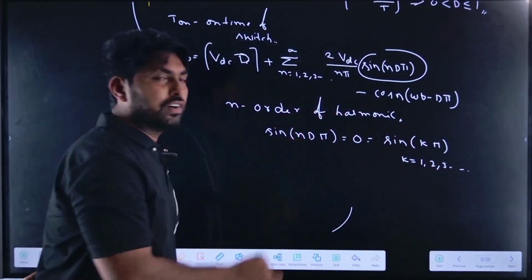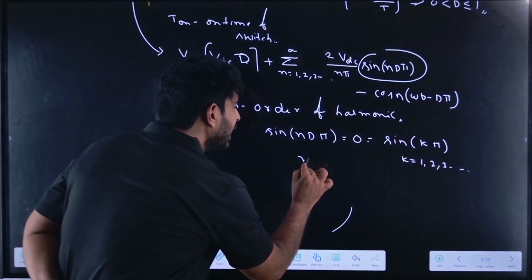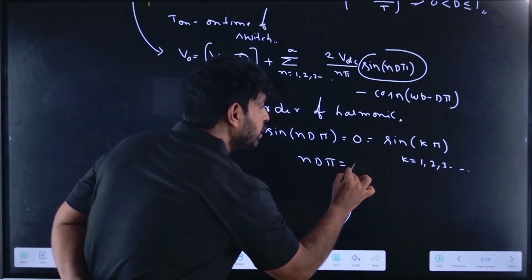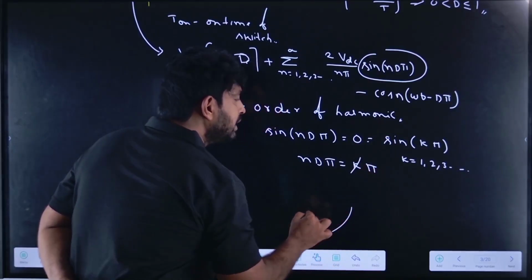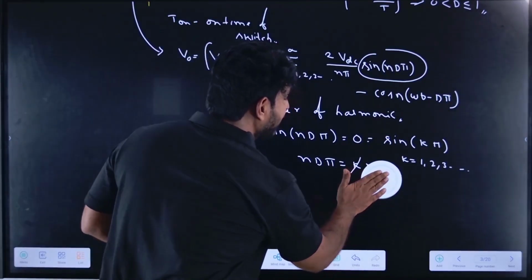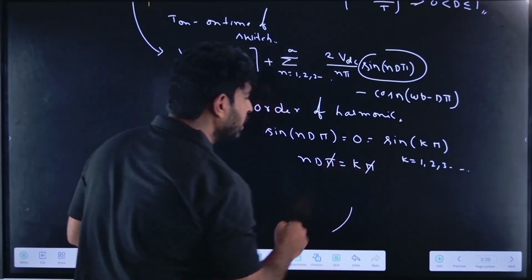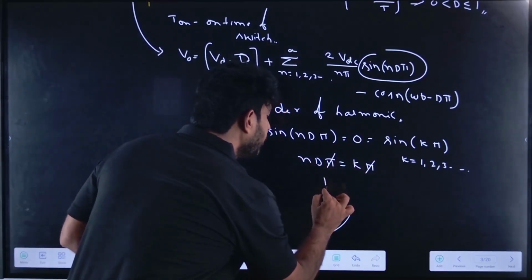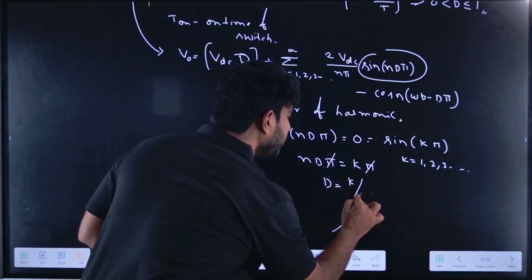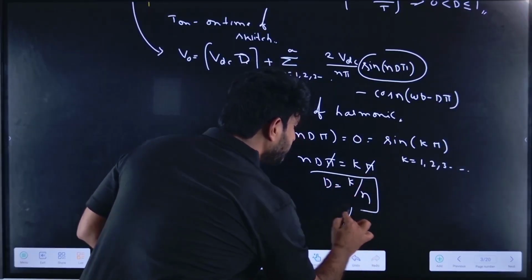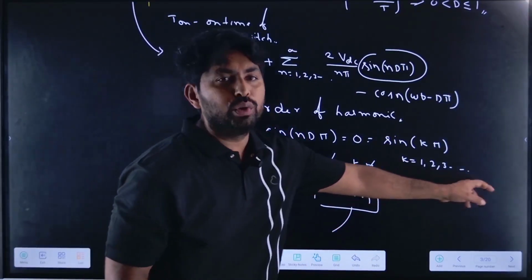So n into d into pi equals k into pi, where pi and pi get cancelled out, so duty cycle equals k by n, where k equals 1, 2, 3 and so on.